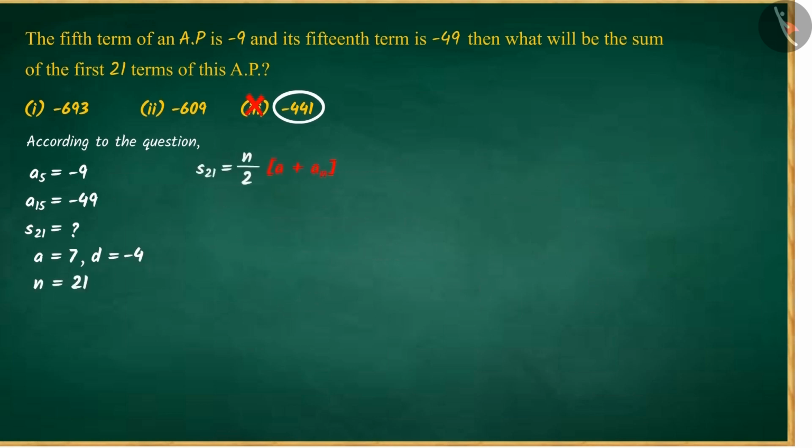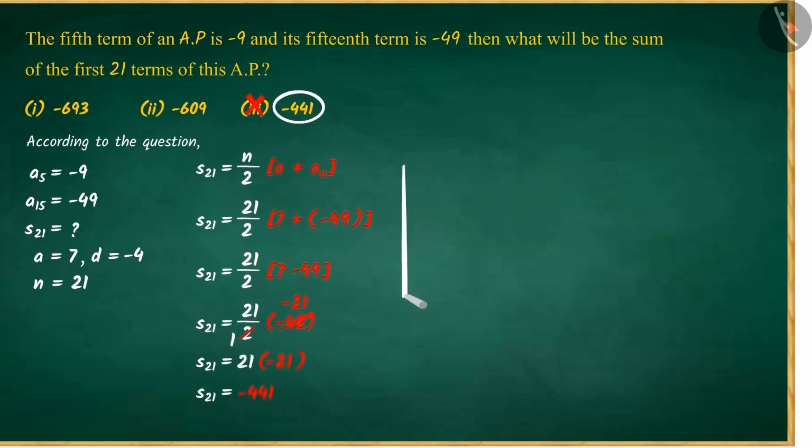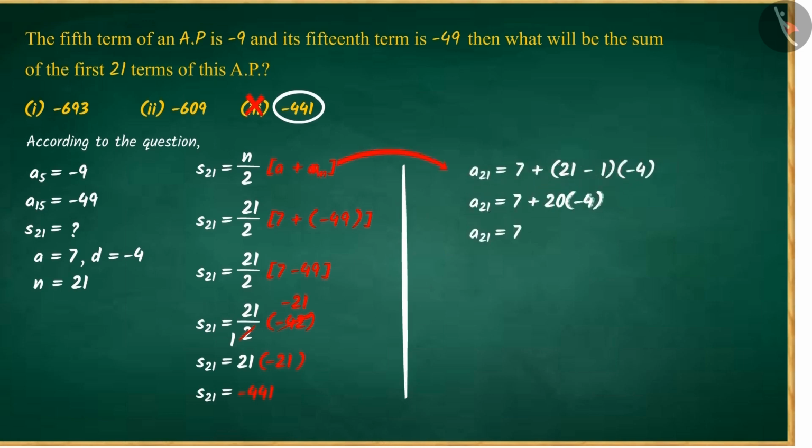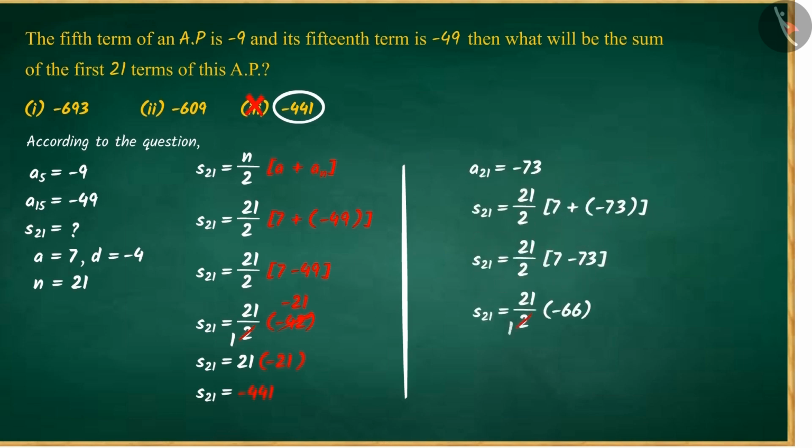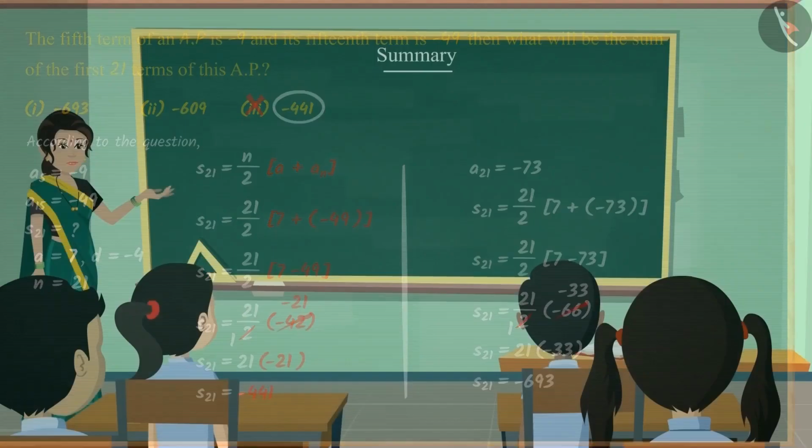When substituting the values in this formula, instead of an, you solved the equation with the value of a15. You forgot that we have to find the sum of 21 terms of the arithmetic progression. So it is not a15 in place of an. Instead, we have to find the value of a21, because of which your answer was incorrect.